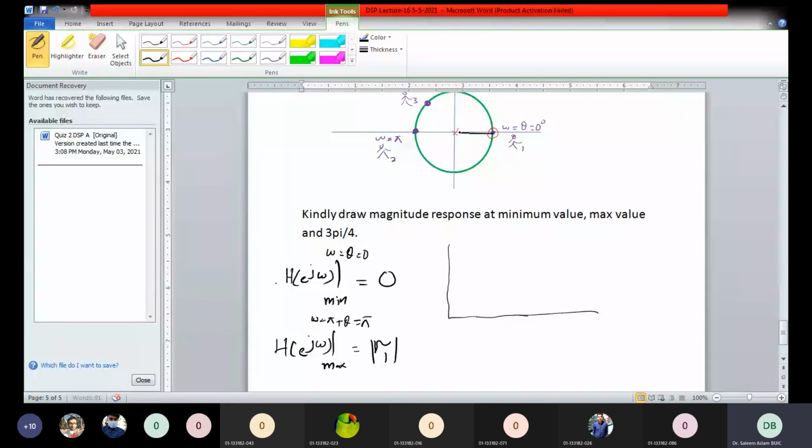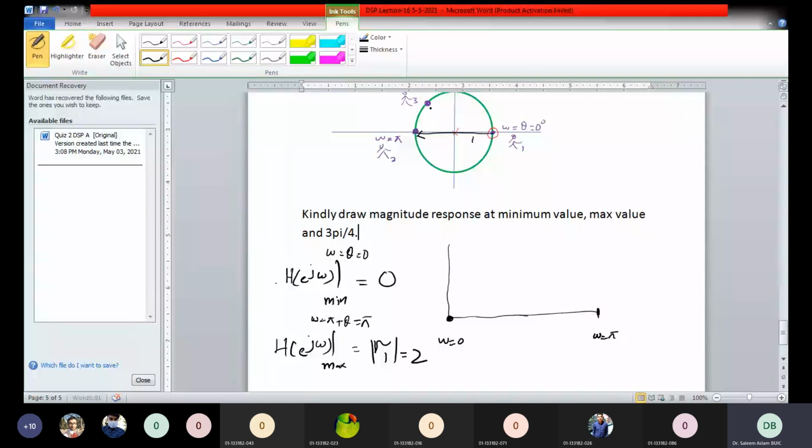So let me draw a vector from here to here. तो आपको पता है 1 यहाँ से या 1 यहाँ से, तो 1 + 1 मेरे पास क्या आ जाएगा 2. So its minimum value would be 0 at omega is equal to 0. Its maximum value at omega is equal to pi is 2.